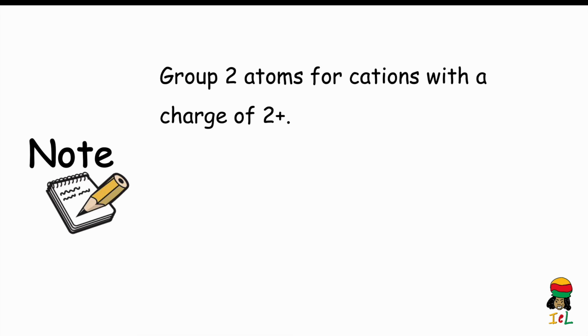Note that the group 2 elements, when they lose their 2 valence electrons, form positive ions, which are called cations. And because they're losing 2 electrons, the charge they gain is 2+. If we are to write the symbol for the cation, M representing the symbol of the element, and 2+ written superscript to the right of the symbol indicates the charge.